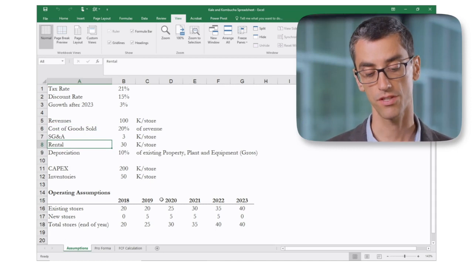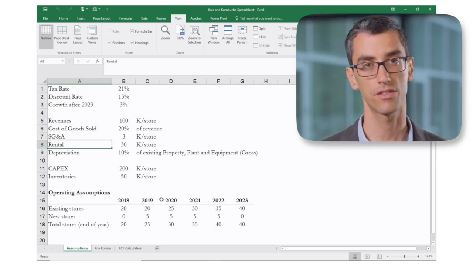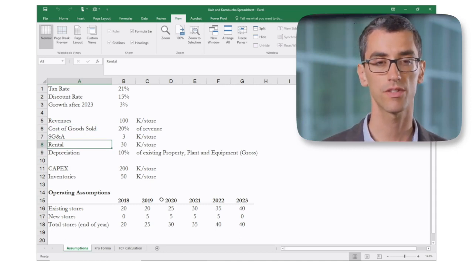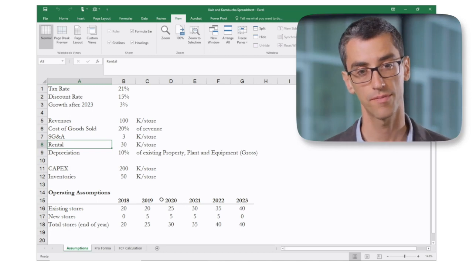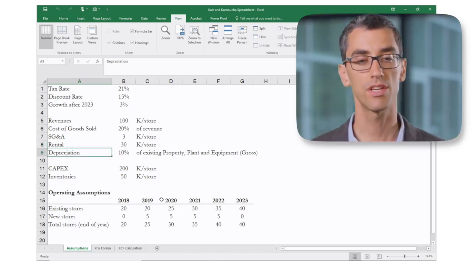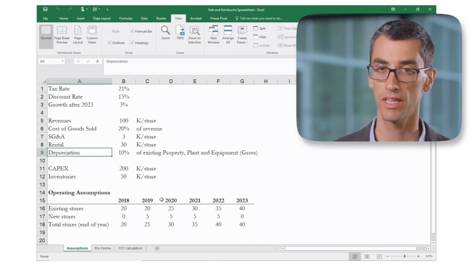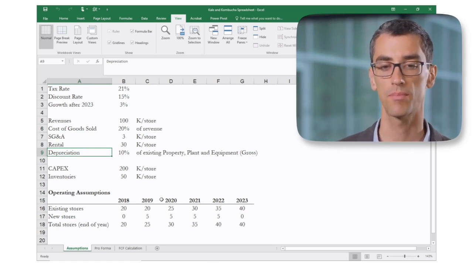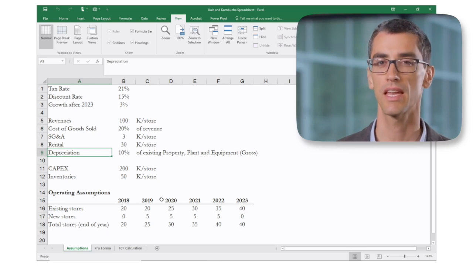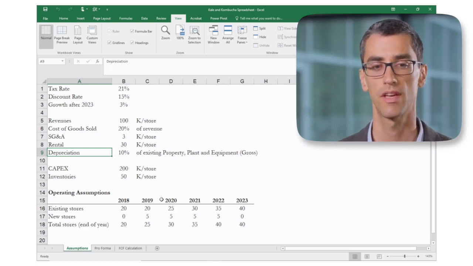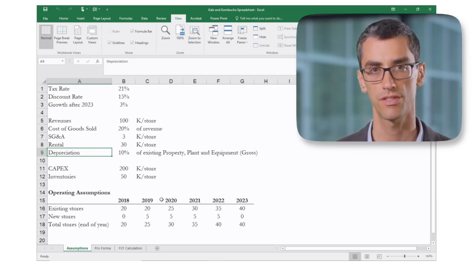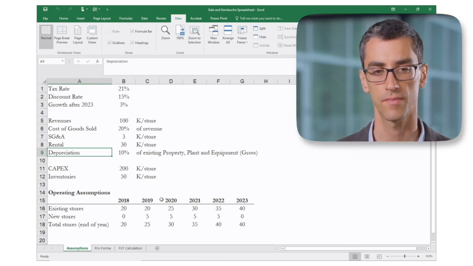We know that it costs us $30,000 per year to rent the space for each one of the stores. And that depreciation is 10%, and importantly, of existing property, plant, and equipment. Again, I will return to this point when we do the calculations on the next sheet.